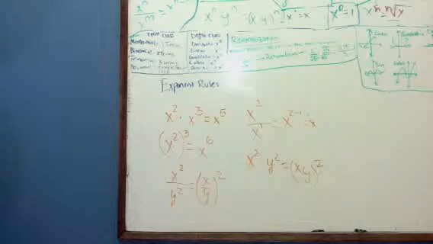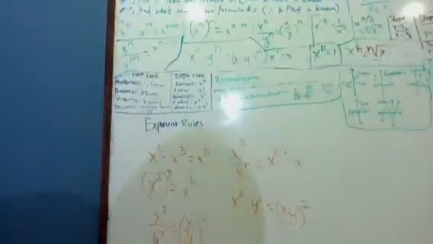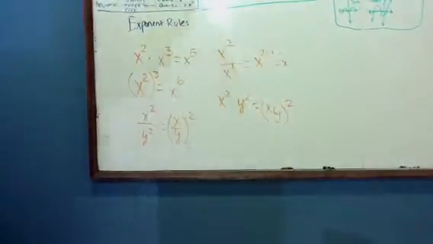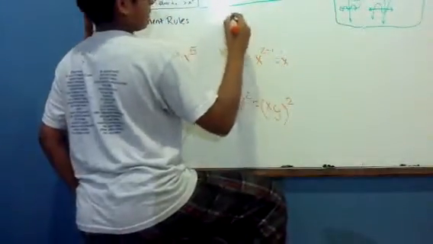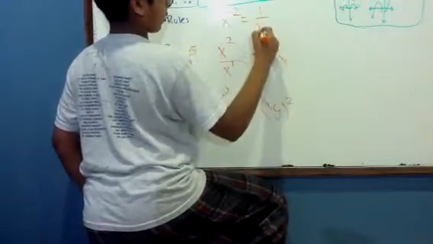And these, like 4, are probably the most complicated ones. Okay. x to the negative k equals 1 over x to the k, okay. x to the power of negative 2 is the same thing as 1 over x squared.